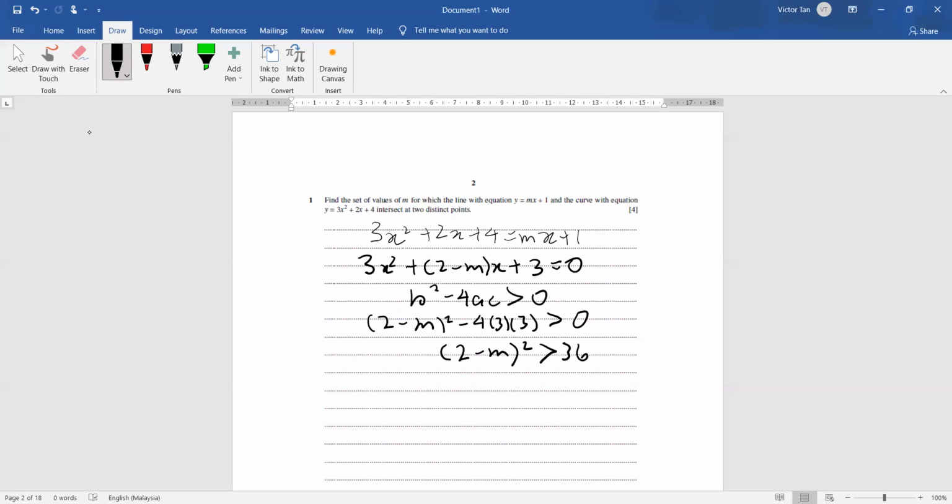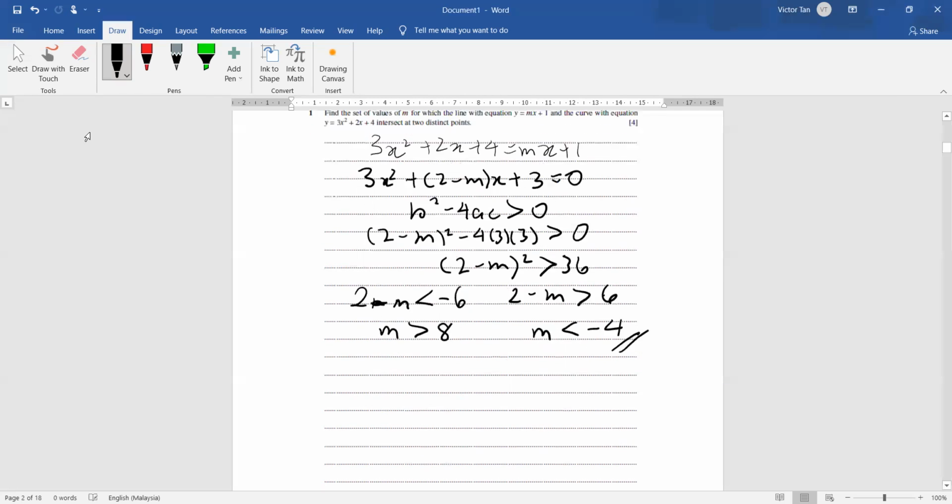You can immediately put it like an equation. If it is larger, 2 minus m is smaller than minus 6, or 2 minus m larger than 6. So you have m larger than 8, or m smaller than minus 4. That's the answer.